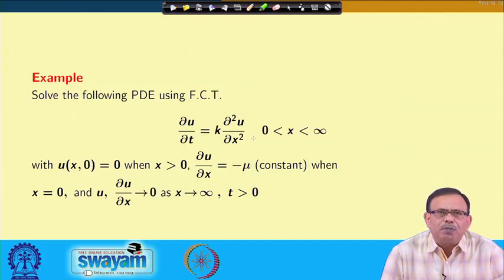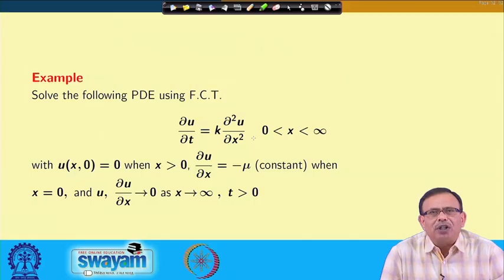I want to solve this problem: del 2u del t equals k del 2u del x square, with u(x,0) equals 0 when x is greater than 0, del u del x equals minus mu, which is a constant, when x equals 0, and del u del x approaches 0 as x approaches infinity.